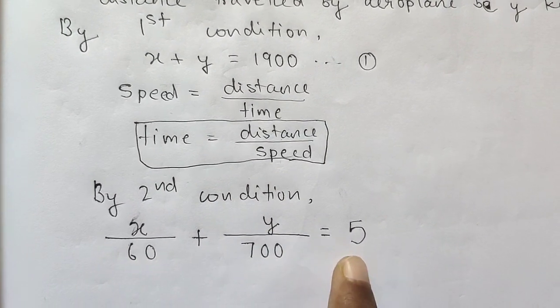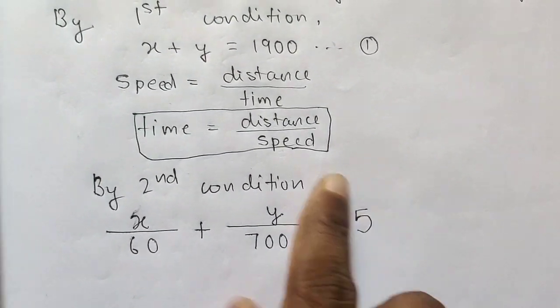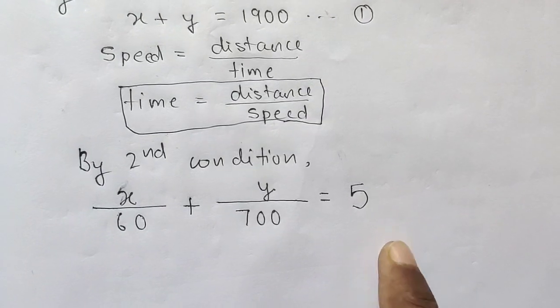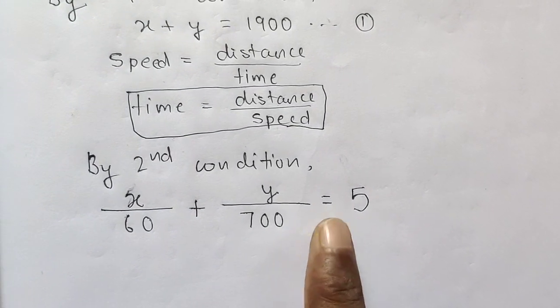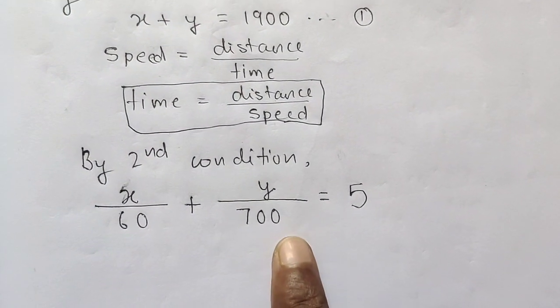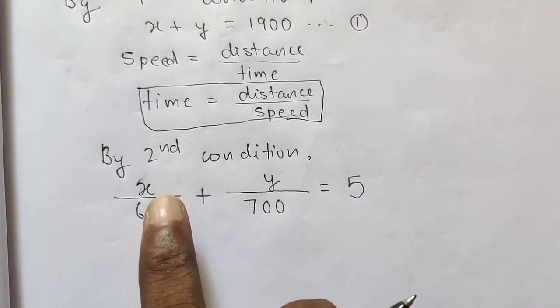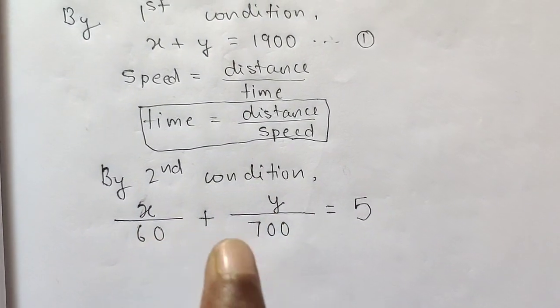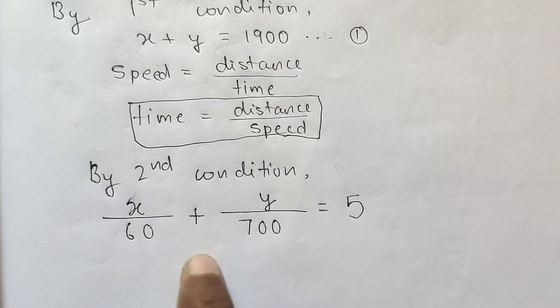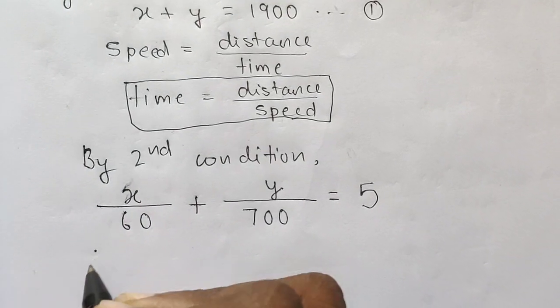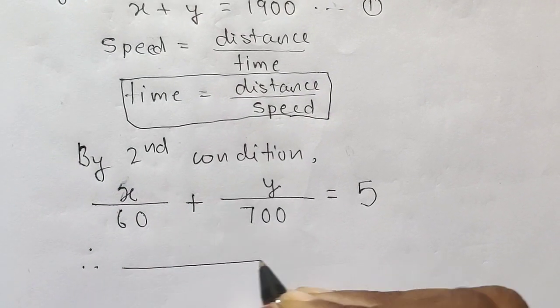Okay, so now we have our first equation. We are also having our second one, but this is not in standard form. So we want to make this equation in standard form. For that purpose, what we are going to do, cross multiply, simplify and make it linear. So let us do that. First do cross multiply.